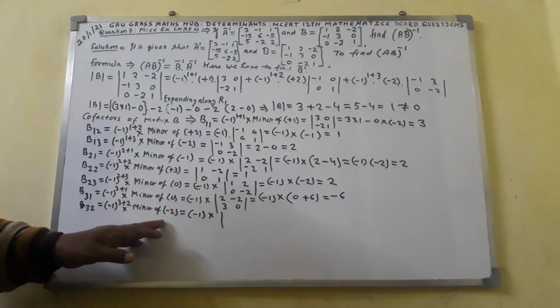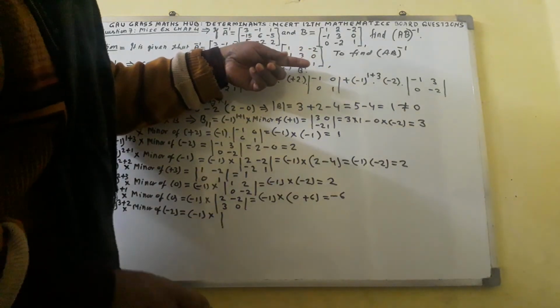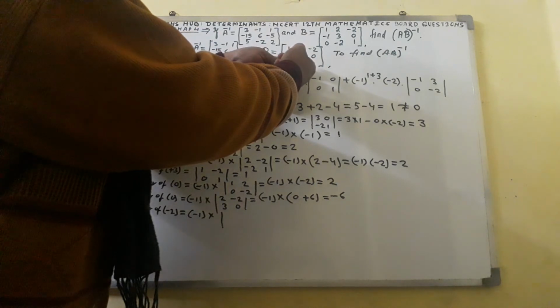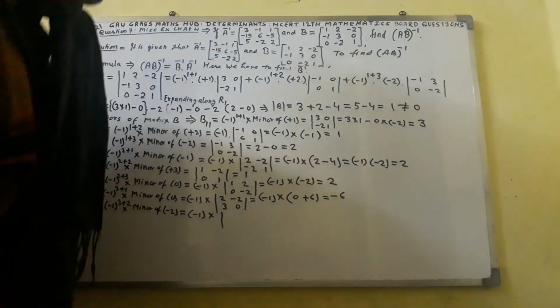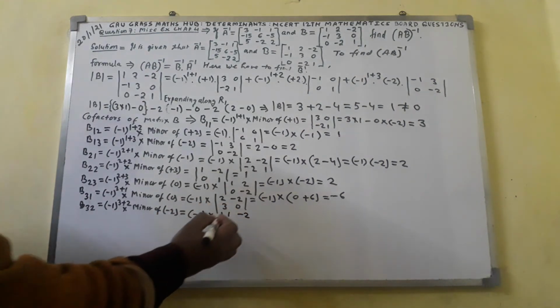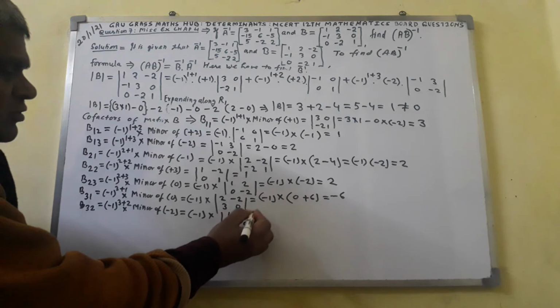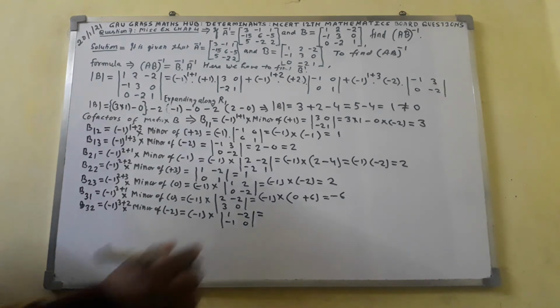You look at this one. Minus 2 is there in third row and second column, which will be hidden. So we will get the minor 1 minus 2, minus 1 0. Now what to do here?